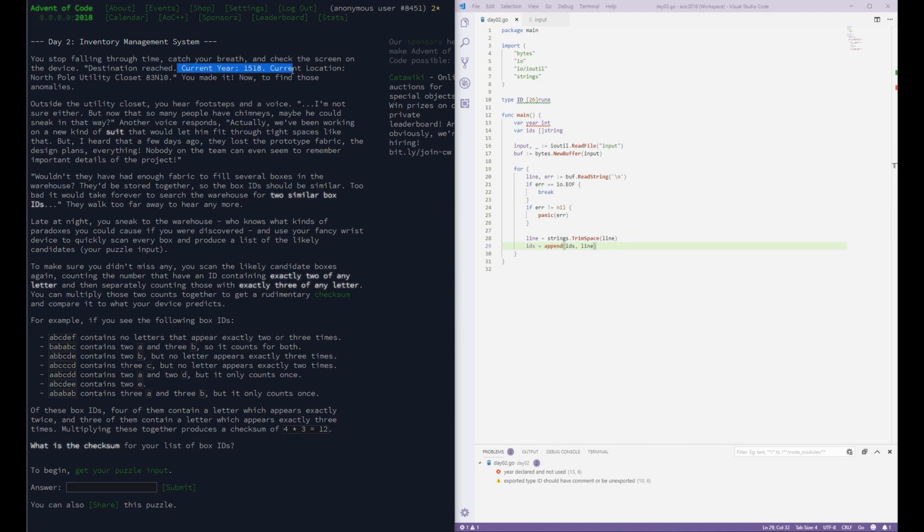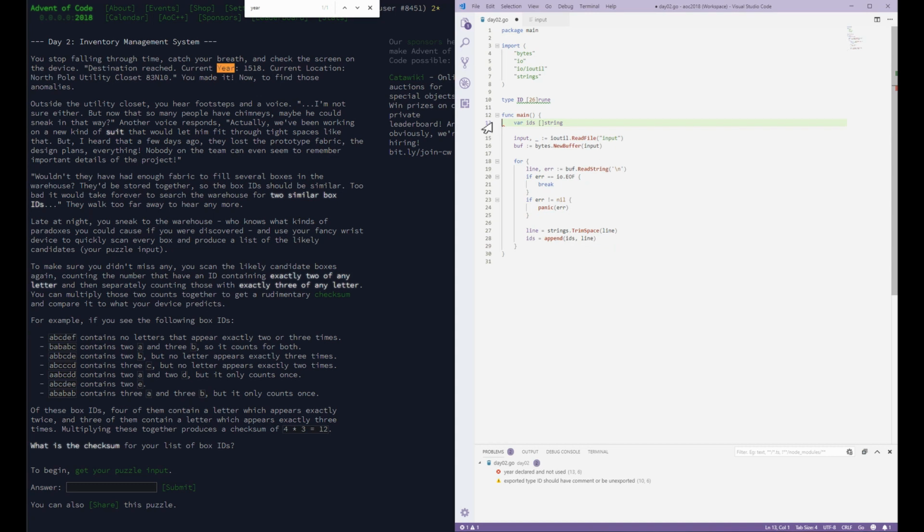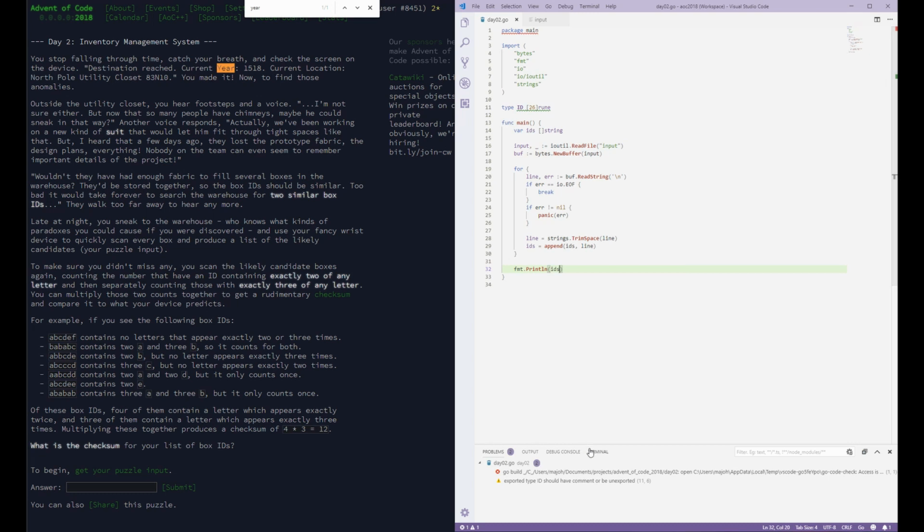Current year, blah blah blah. We don't use the year. Word problem stuff. Year is not a thing. Okay, so I have that. Let's see. Can go build. Access. Access is something. Can I run that?